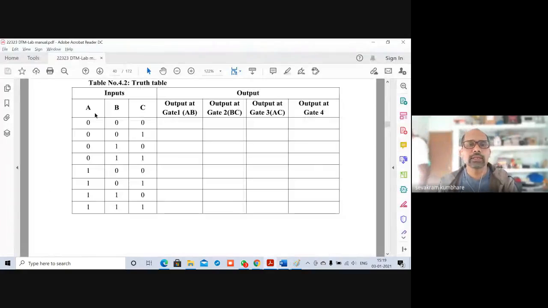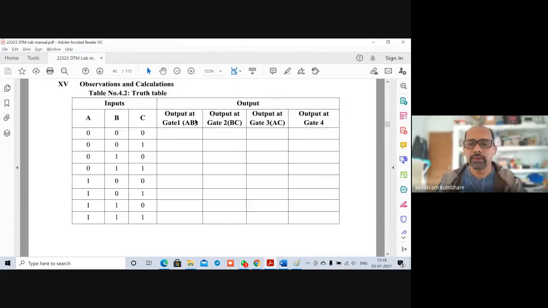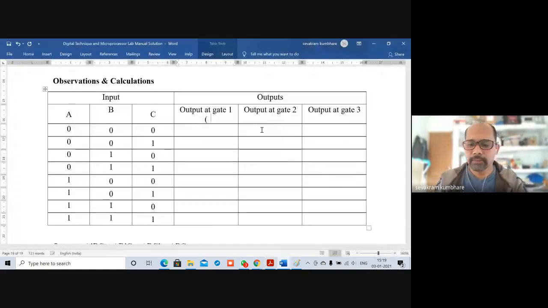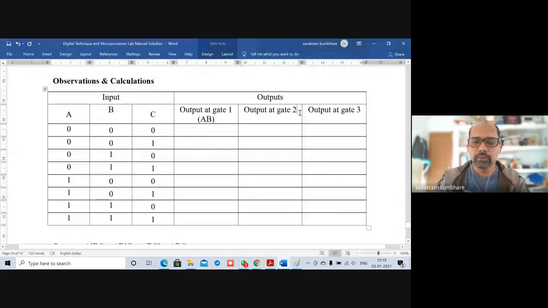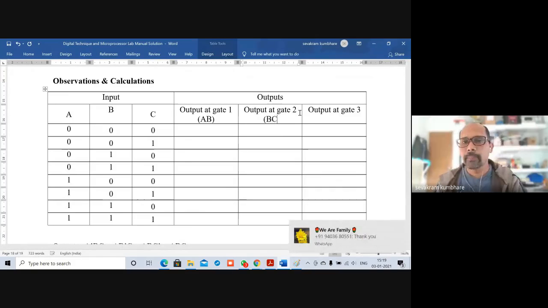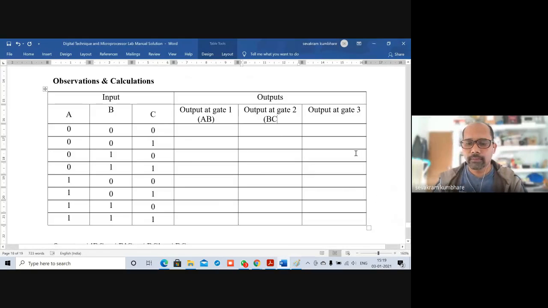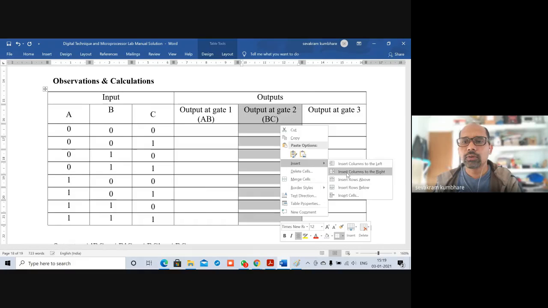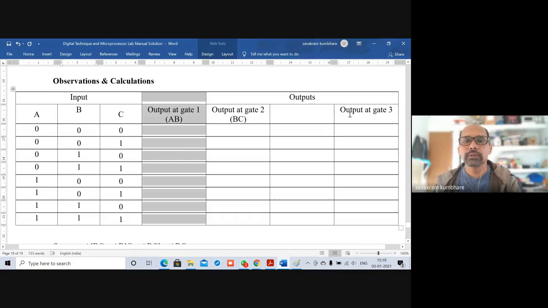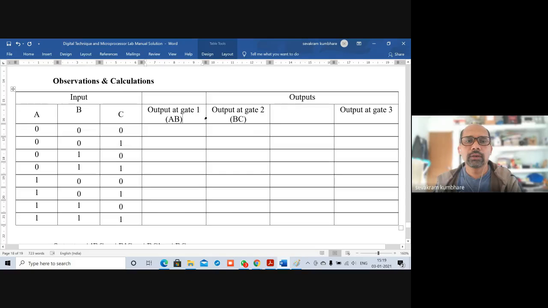So like this we can make. Then output at gate 1 which is AB, then output at gate 2 which is BC. After that I'll add one column over here, insert column to the right, and let me shift it.